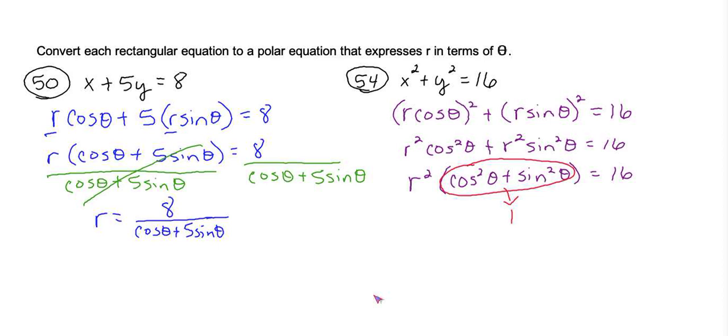So that simplifies it a lot. R squared is 16, so r is 4. Now, this makes lots of sense. Look, my equation is an equation of a circle. Center's at the origin, the radius is 4. So this is my final equation here.